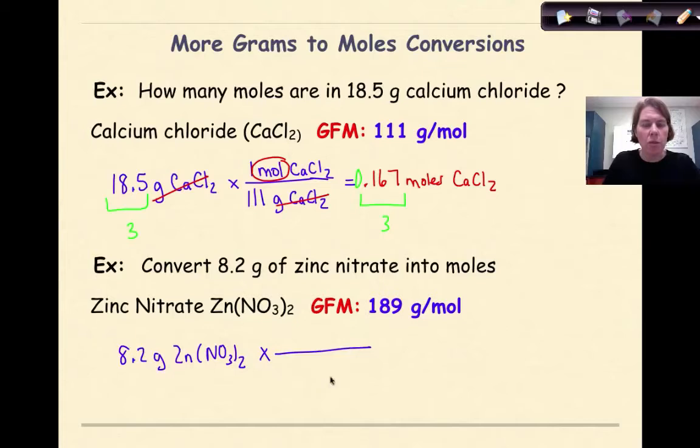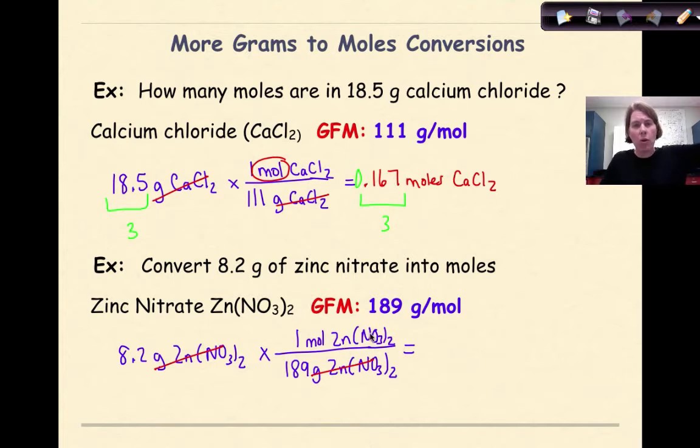I'm starting with grams, so grams is going to go on the bottom. 189 grams ZnNO32, that is equal to 1 mole of ZnNO32. This is set up correctly because grams cancels grams.